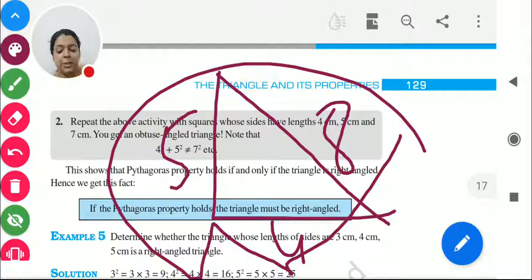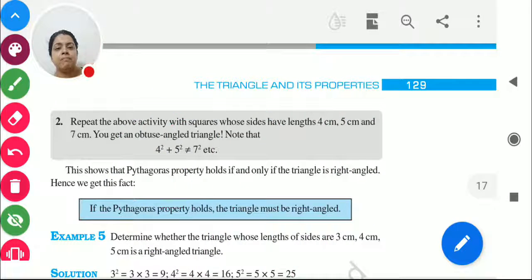So fine, we are coming to the next part here. This is the property of Pythagoras, which talks about this.